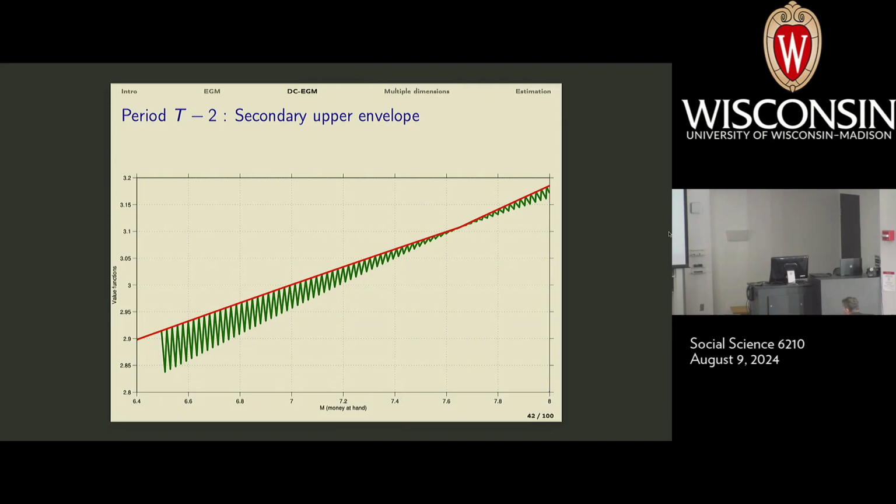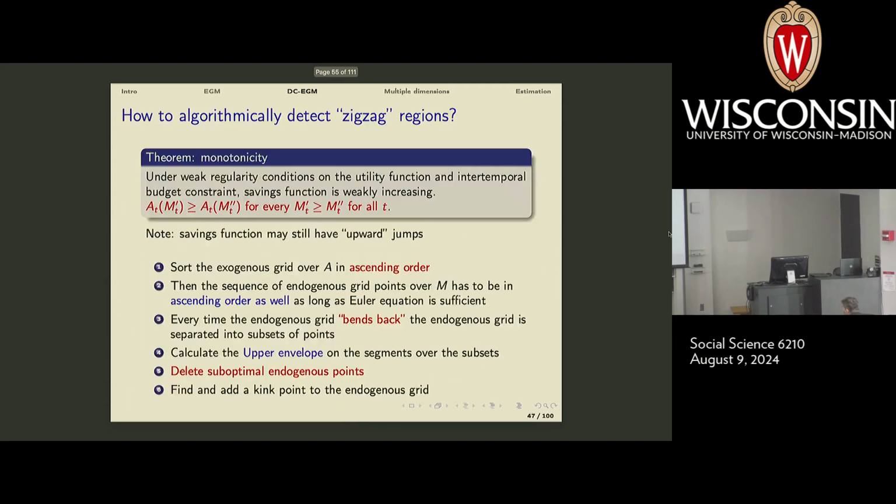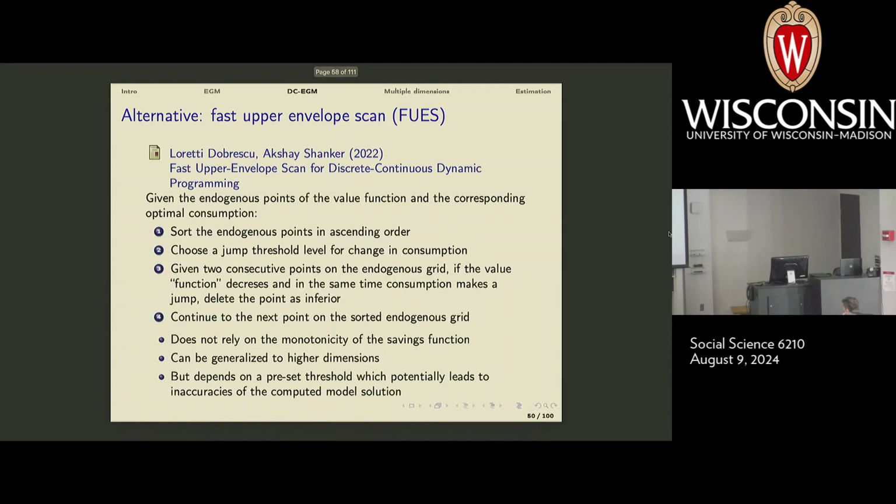If your next point on the sorted grid makes your value function turn left or right, and at the same time the underlying consumption makes a jump, that detects that this is a suboptimal point here. And that can actually be done for every combination of these points. So this is the paper which I reference, and it talks about this fast upper envelope scan. It also applies in multiple dimensions, so it's useful.